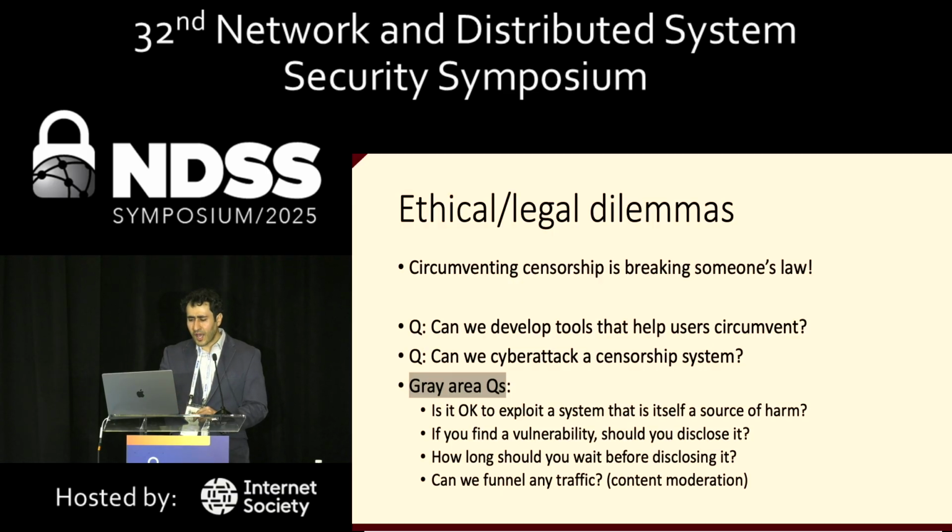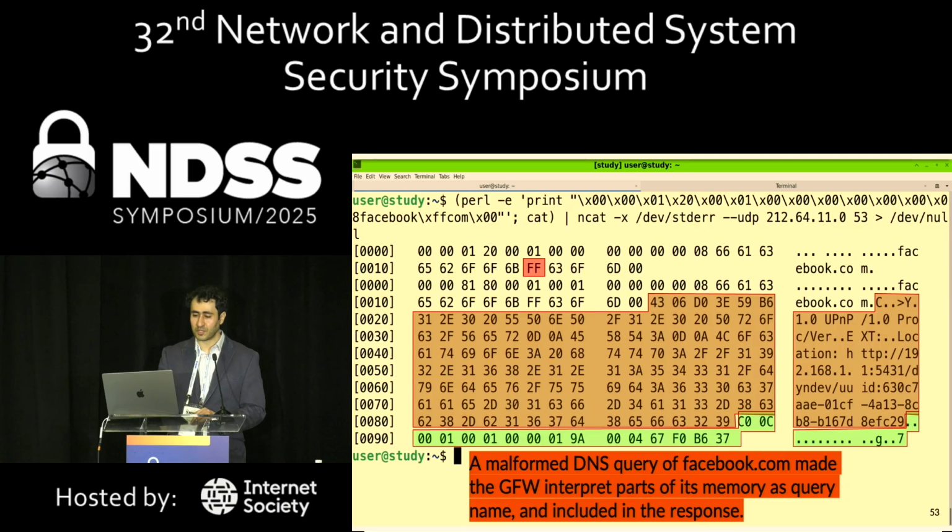With that, I don't want to talk about these questions, but I want to encourage you to take a look at this paper that was presented by Jackson earlier this week at NDSS. We found a vulnerability in the Great Firewall of China: if you send a malformed DNS query, it actually dumps some of the traffic it has intercepted.